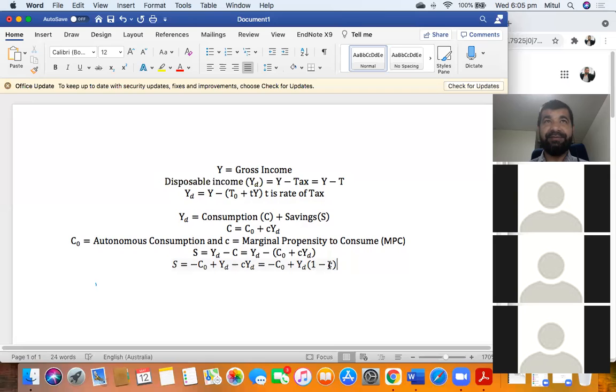This is your marginal propensity to save, MPS. You can say 1 minus c is equal to MPS, which is the marginal propensity to save.